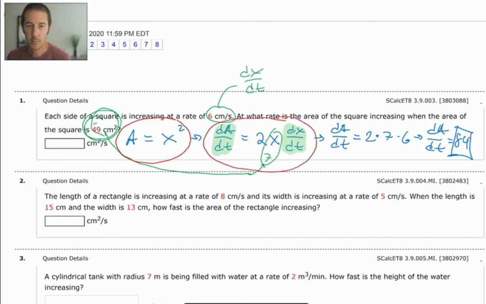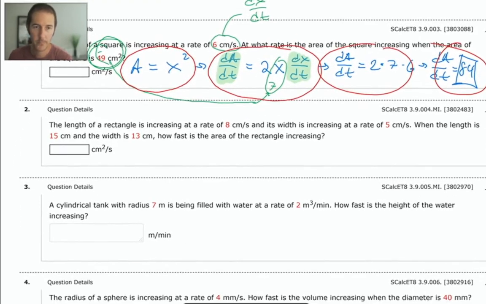And then I plugged in the given information. The 6 was very easy to plug in. The 49, I had to take the square root and plug that in as a 7 for a side length. And then my unknown was already isolated, so it was plug in values and solve. So I did it in that order. Plug in values, solve. Let's see if it works in number 2.